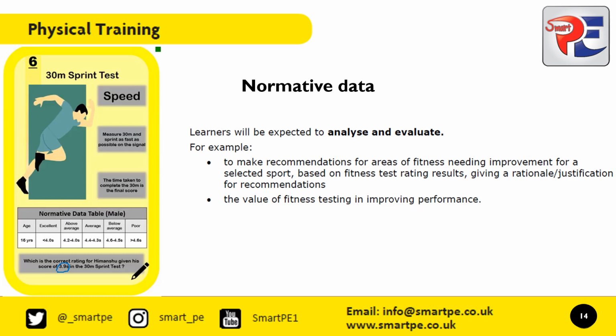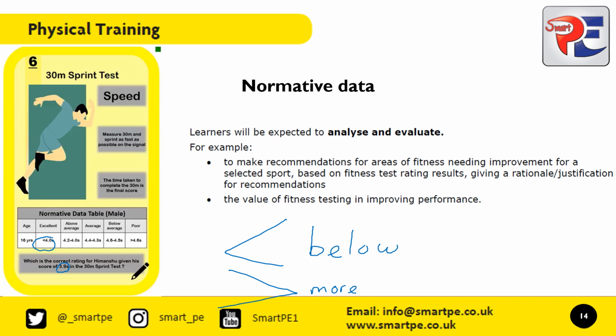So we've got to identify correctly on there where that rating is, and 3.9 seconds is definitely below 4 seconds. This arrow means less than or below because it's pointing to the left of the score. This arrow that points to the right means more, or greater than.